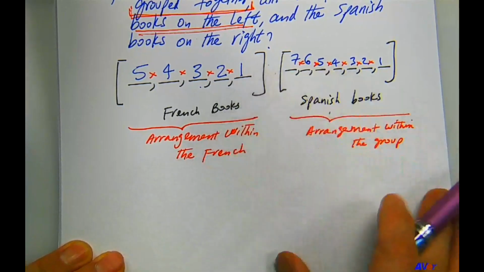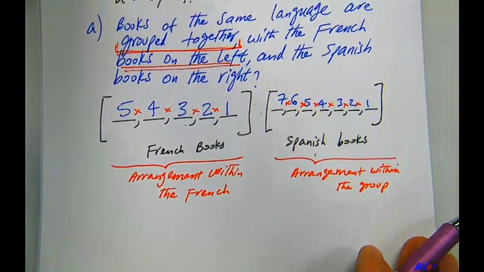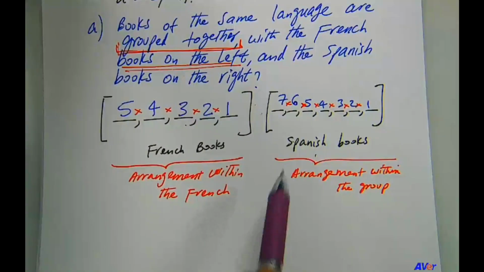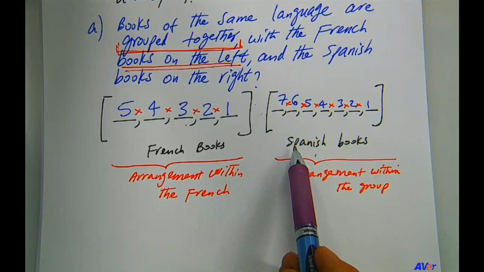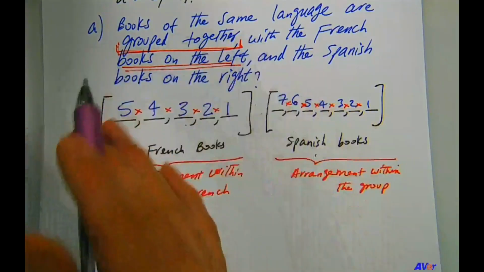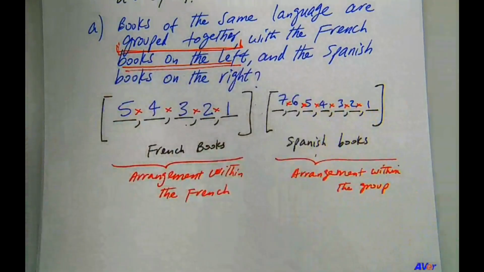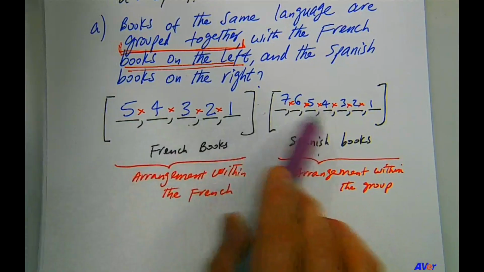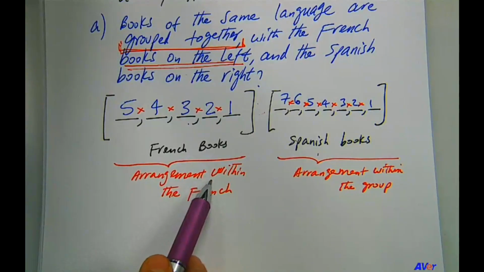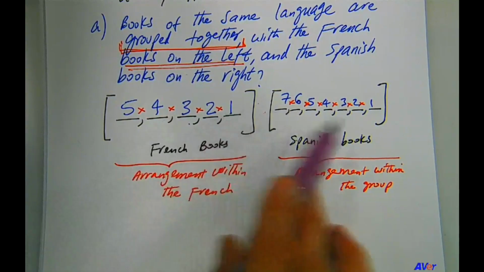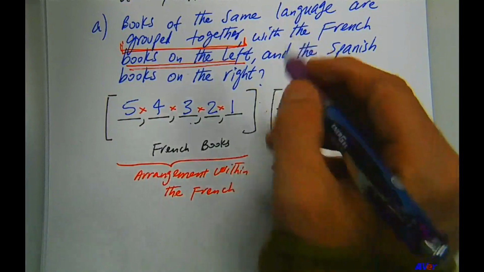Now, this middle part, because the problem specifies that French books have to be on the left and Spanish books on the right, we are restricted to only one arrangement between the groups. What we've done with each group is find the arrangement within each group. But between groups it is just one.